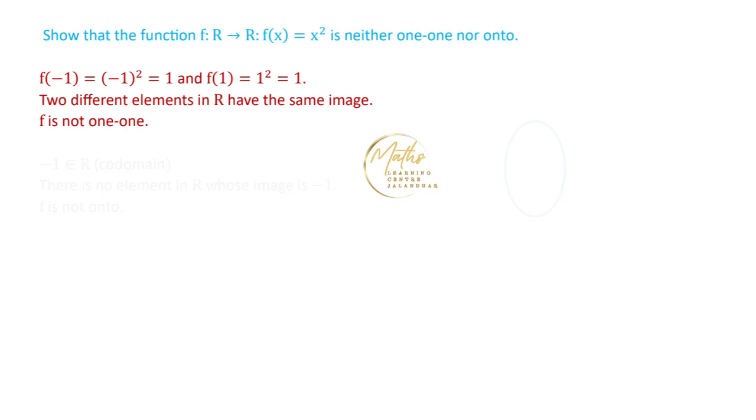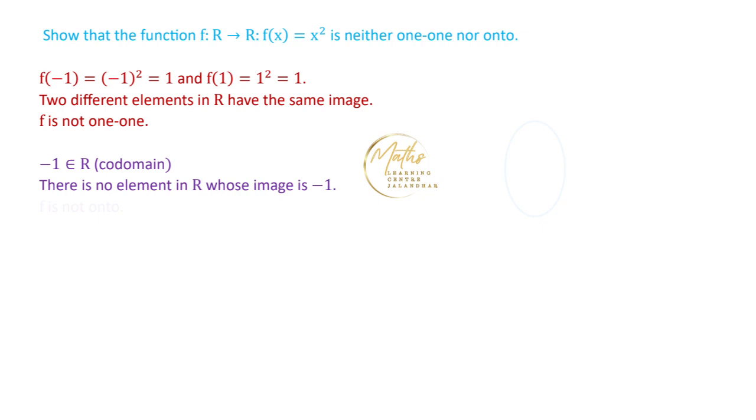Next, to prove that it is not onto, we have to show that there is some element in the codomain which has no pre-image. So we are saying that there is an element -1 in the codomain which has no pre-image, because there is no element x in the domain for which x² is equal to -1. We are saying there is no element in R whose image is -1.